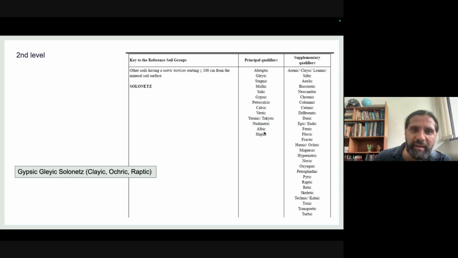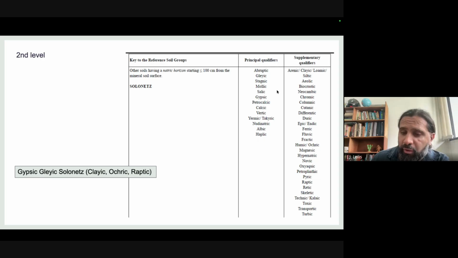So let's say that I'm describing a soil and I classify it as a solonetz, and I cannot fit any of these qualifiers. So I will add the haplic. So the haplic is the qualifier that I can only use if I don't fit the others. Okay? If I fit any of them, at least one, I will not use the haplic qualifier.